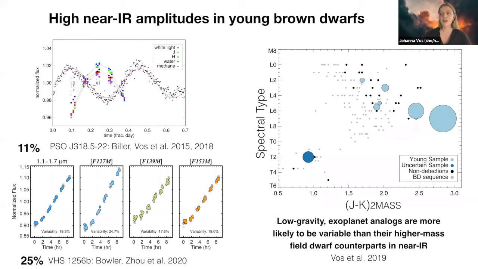And we found that the low gravity exoplanet analogs are much more likely to be variable than their field brown dwarf counterparts. So these young planetary mass objects were about 30% likely to be variable, whereas the higher mass field brown dwarfs are about 10% as likely to be variable.